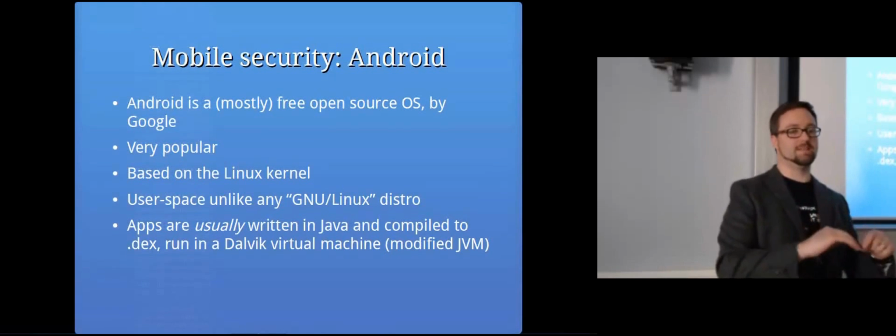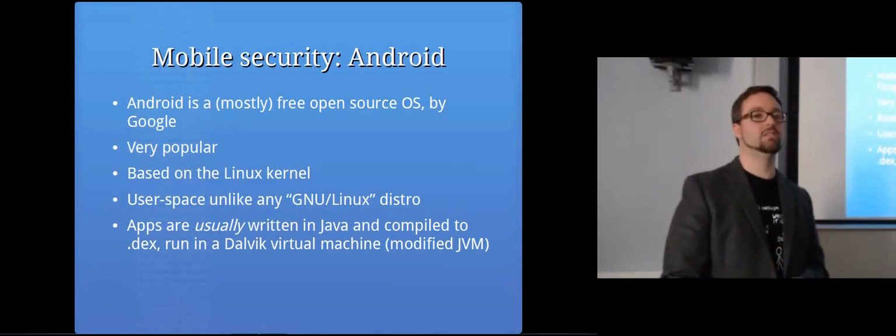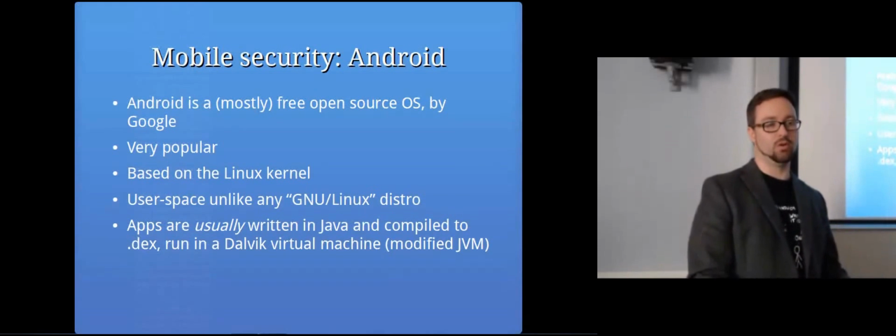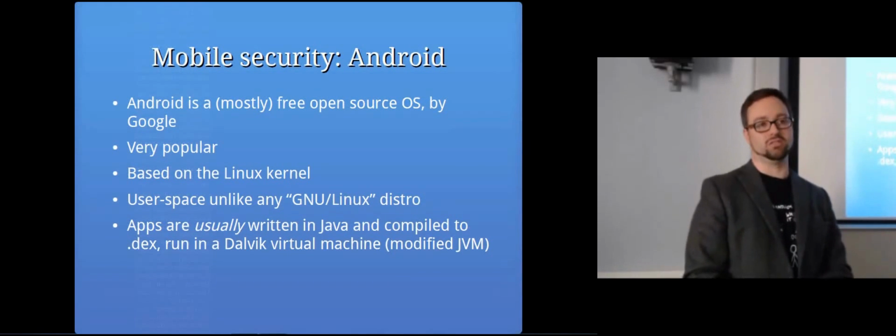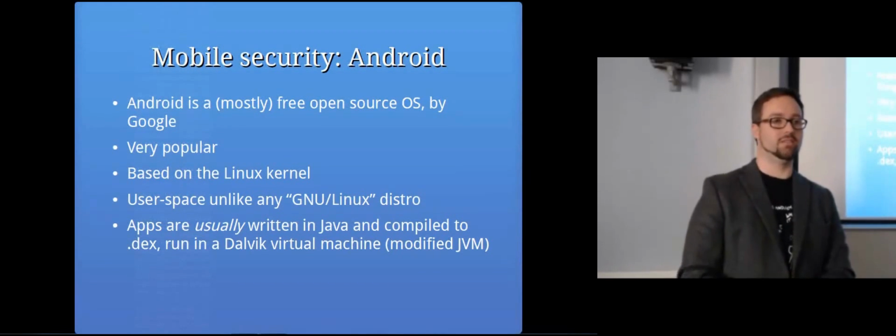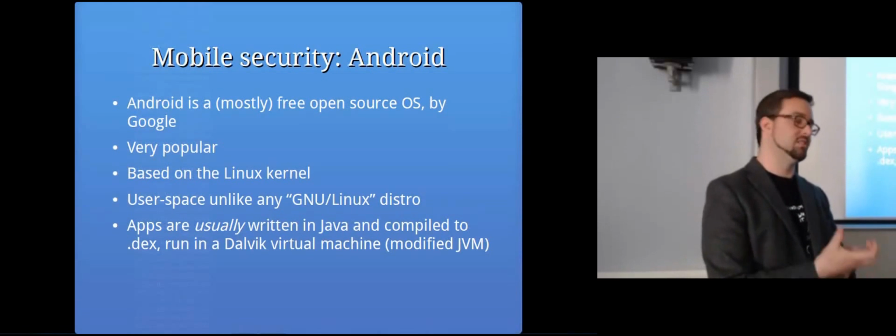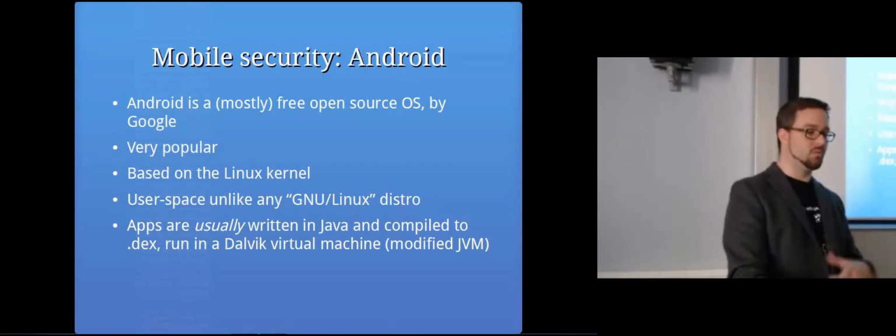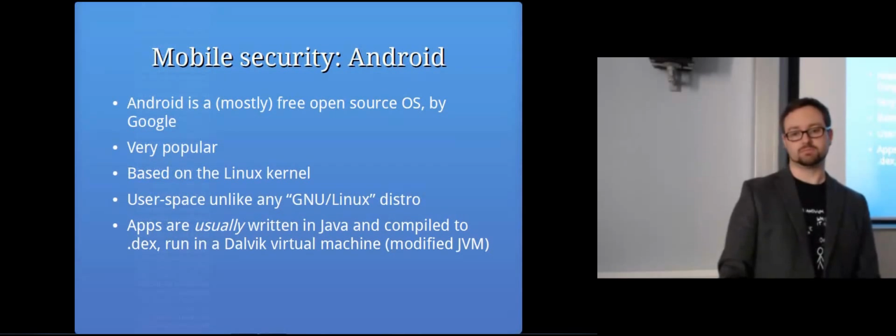So it uses all the same APIs. If you know how to program Java, you can program for Android, but it doesn't use any of the source code for the original Java and the actual Java virtual machine. The thing that interprets the bytecode to run the program is different.